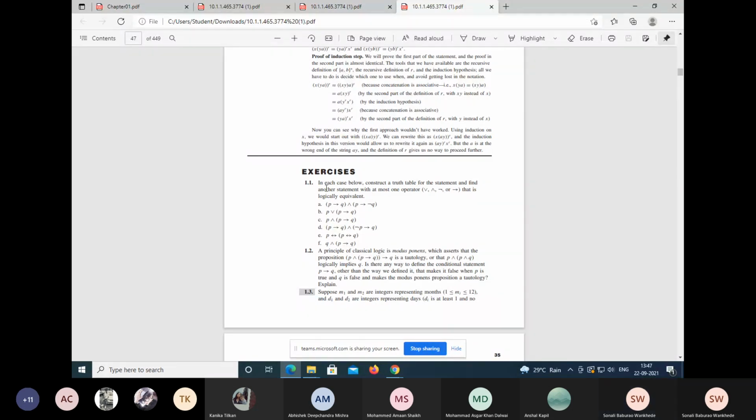So what is given in this question? In each case below, construct a truth table for the statement and find another statement with at most one operator. And what are the operators? Or, and, negation, or the if-then operator. So that it is logically equivalent.